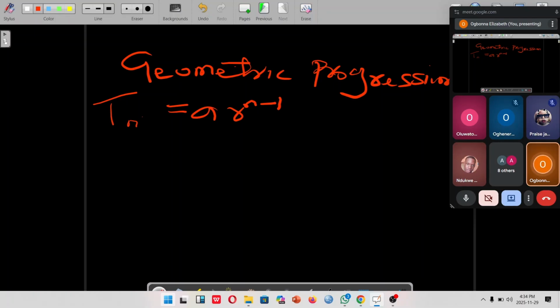But the only thing with this is that you must be conversant with indices, at least the elementary part of indices. That is the basic knowledge you should have in order to solve geometric progression. So with that, let's pick a question that we want to solve.